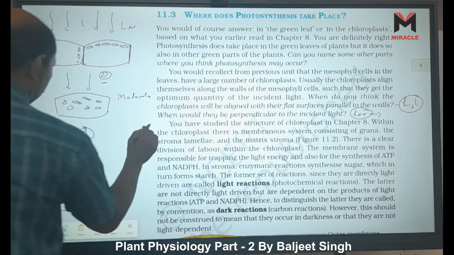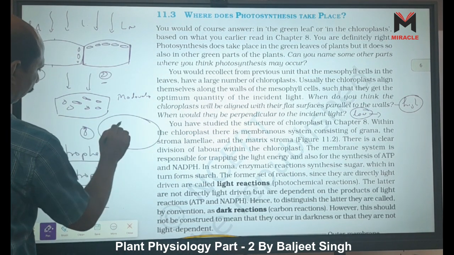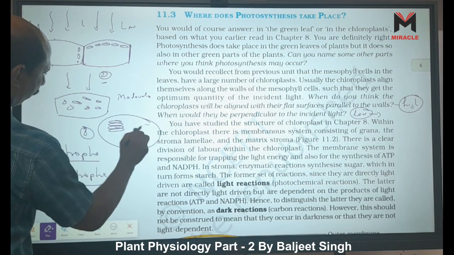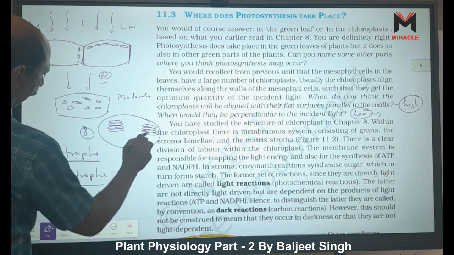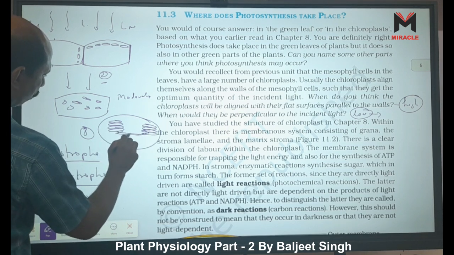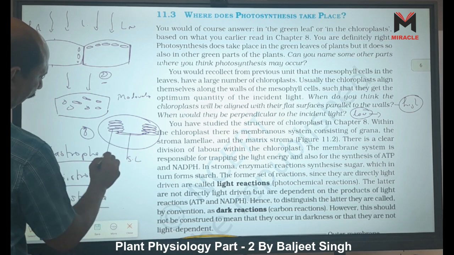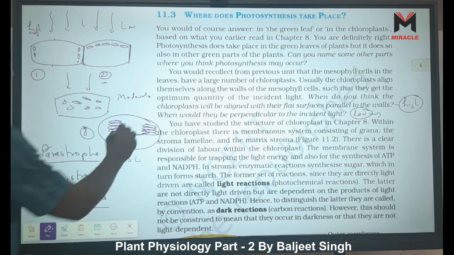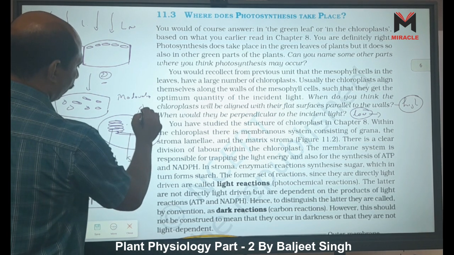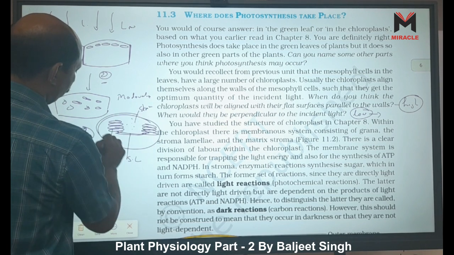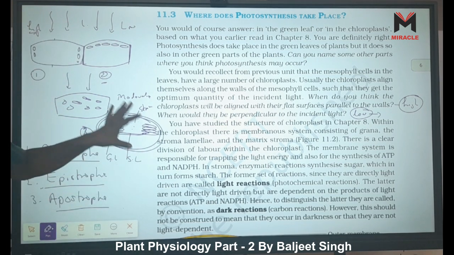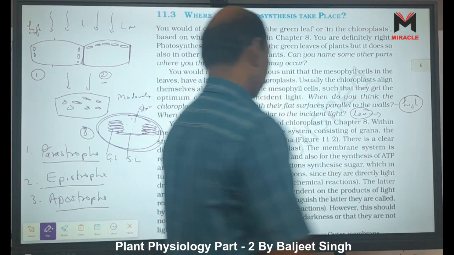Look here, this is the chloroplast and here is the membranous system, this is our grana, and in between it is stroma. This is stroma lamella, this one is grana, and this matrix is called stroma. It is a double membrane system, right? So this is the structure of chloroplast, right?